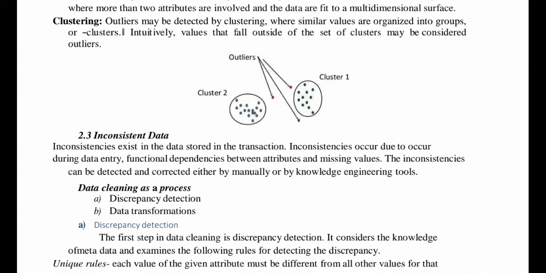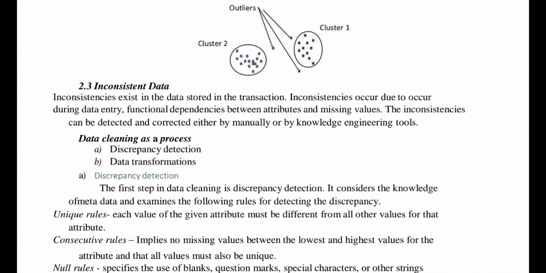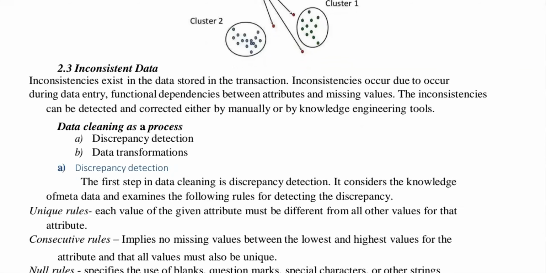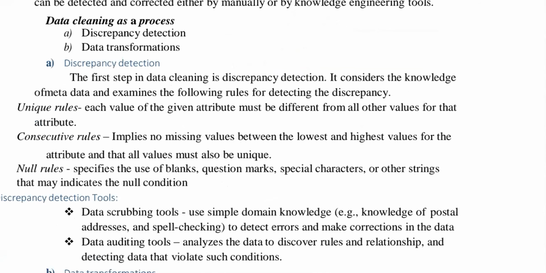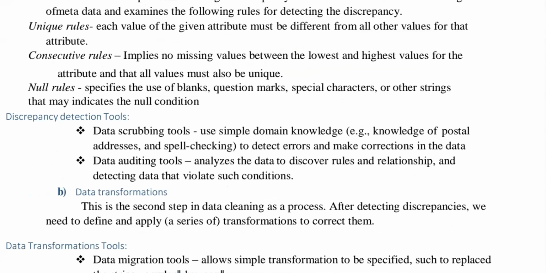And the third one is inconsistent data. So the first one is missing values, the second one is noisy data, and the third one is inconsistent data. For this inconsistent data, you have to apply the data cleaning process, discrepancy detection, and data transformation methods. What tools do you use for discrepancy detection? Mainly data scrubbing tools and auditing tools.